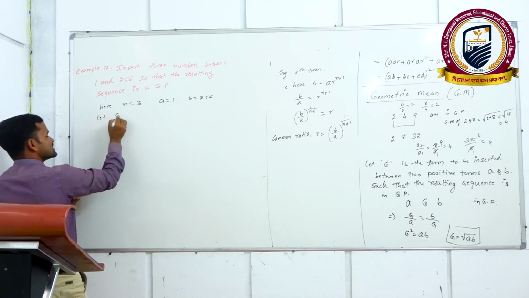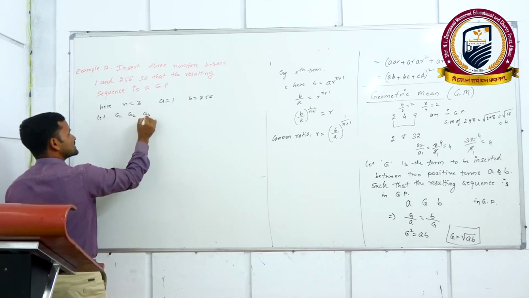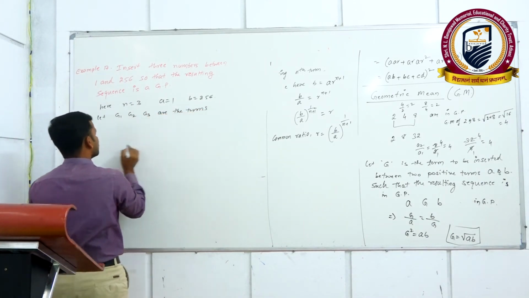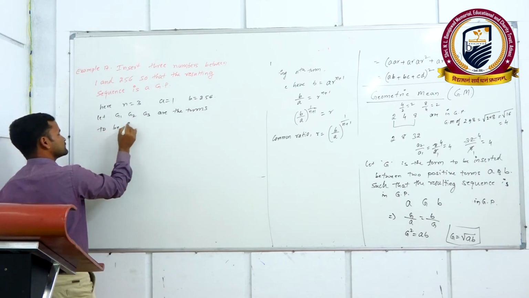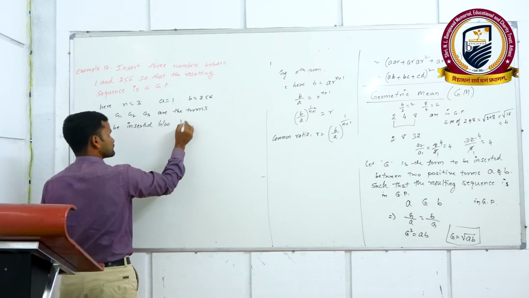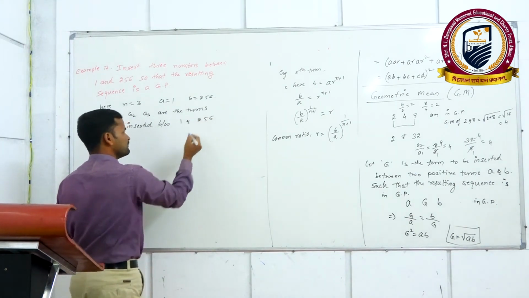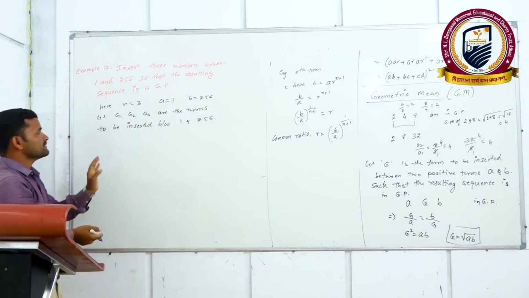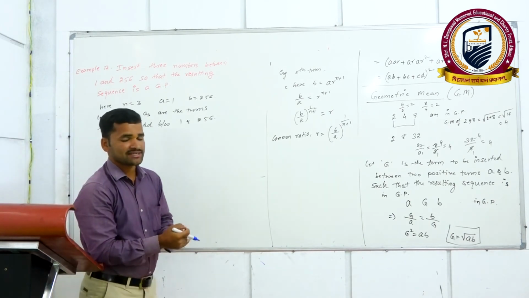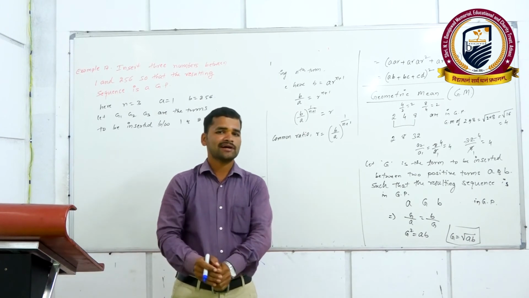Let z1, z2 and z3 be the terms to be inserted between 1 and 256. z1 we know is a into r, z2 is a into r square, z3 is a into r cube.